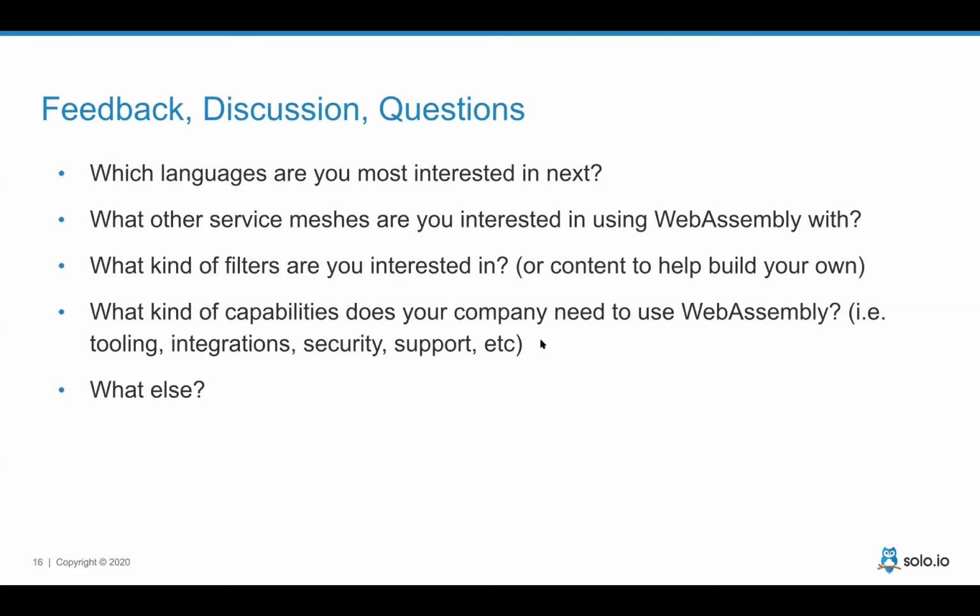Currently we are working on implementing a plugin with C++, and it seems that even with Istio 1.6 it's working. Okay. So you mean C++ in WASM or C++ in Envoy? C++ in WASM. Got it, makes sense.